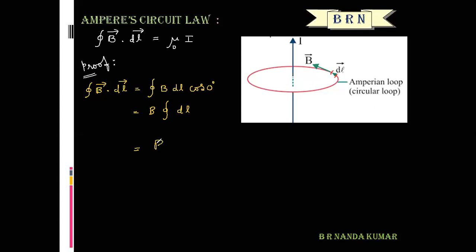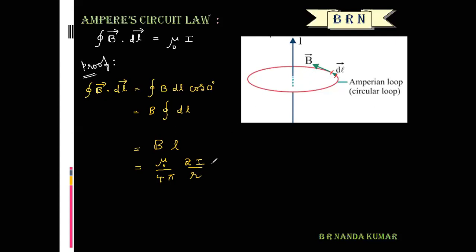So the integral of dl is L. B is the magnetic field at a point due to a long straight infinite current carrying wire. The mathematical expression for the magnetic field at a point due to a long straight infinite current carrying wire is mu naught divided by 4 pi, 2 I divided by R. R is the radius of the loop.